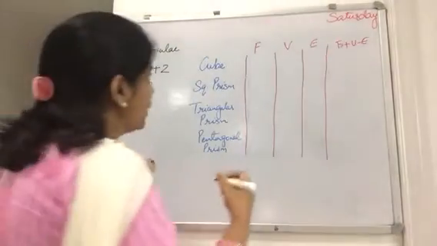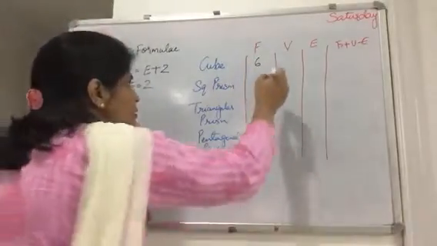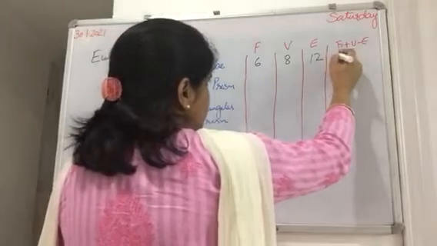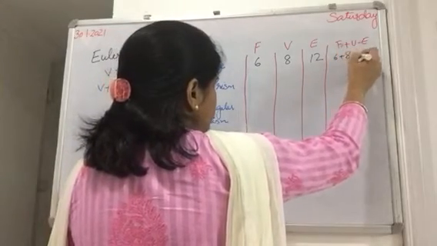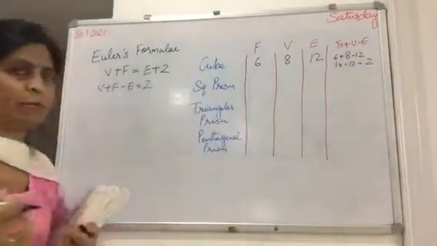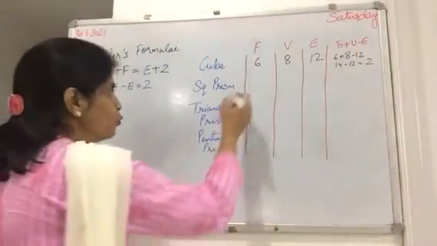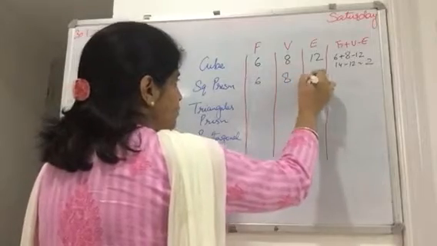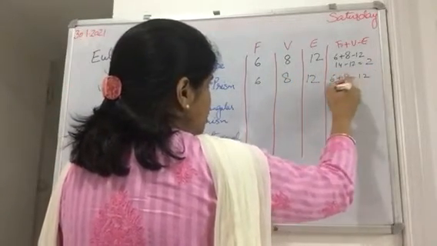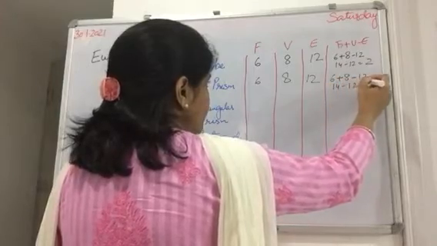Now cube has 6 faces, 8 vertices, 12 edges. So it will be 6 plus 8 minus 12. So 14 minus 12 is 2. Now square prism. Square prism we call a cuboid, so it will remain the same: 6 plus 8 minus 12, 14 minus 12 is 2.